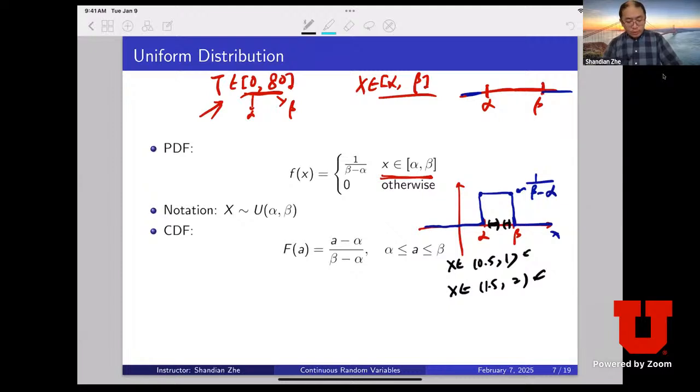And this uniform distribution is often used to model events. Although you have a continuous outcome, you can roughly believe that your events will happen at any position in this range, right? That's just used to model this kind of phenomenon. For example, you threw a dart at a target.